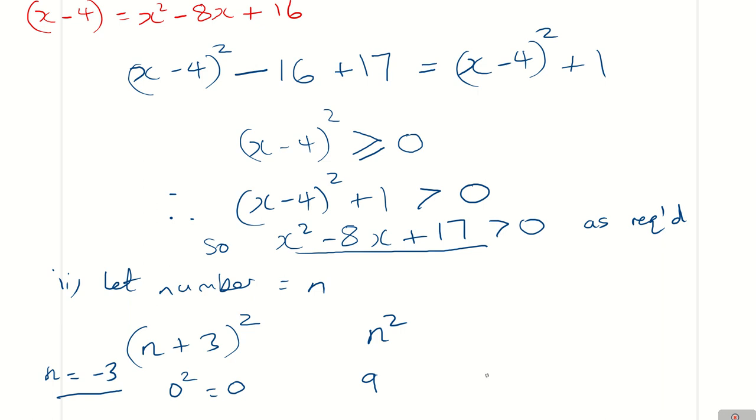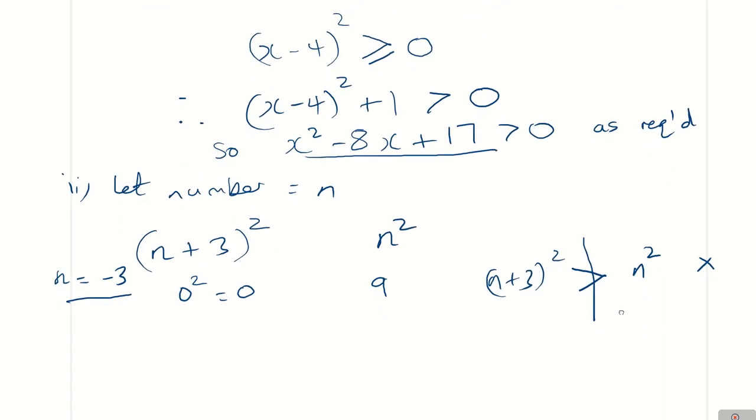So in that case, n plus 3 squared is not greater than n squared. So our statement is certainly not true when n is minus 3. So can we say that the statement is never true? Well, if we can find another example where it is true, then we can't say that it's never true, and the answer must be that it's sometimes true.